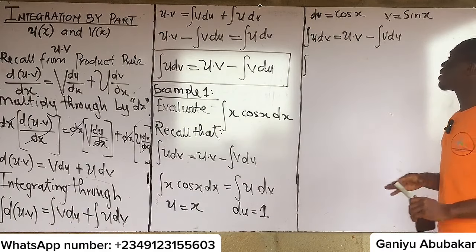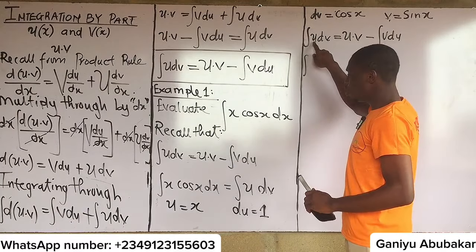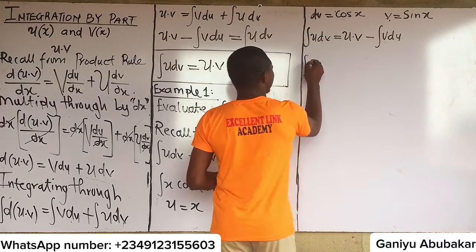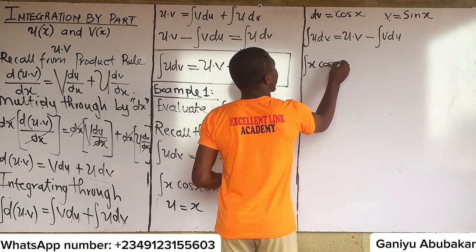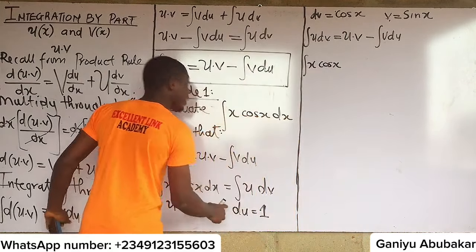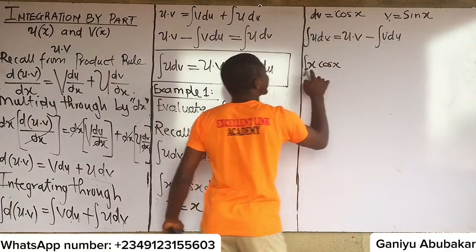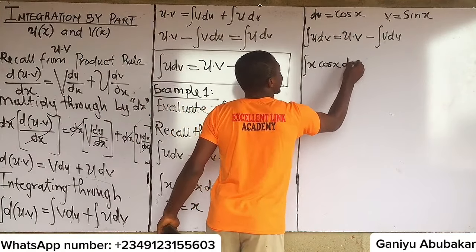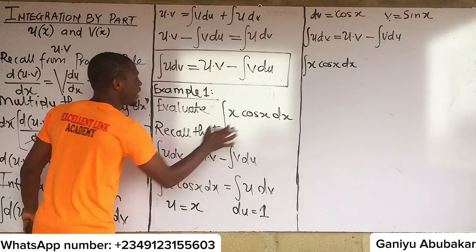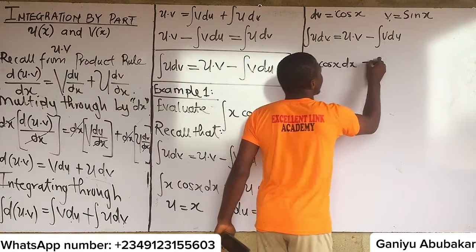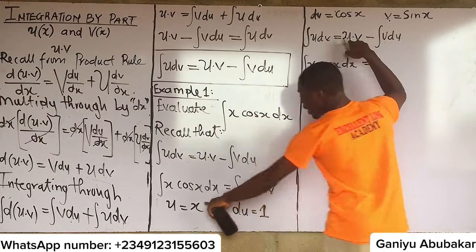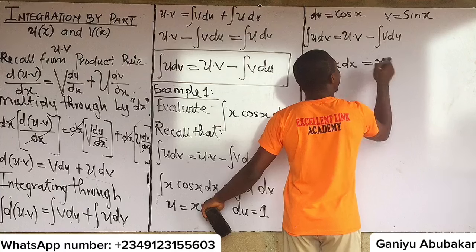It means that the integral of x cos x, where v is sine x. The integral of this question with respect to x will be equal in value to u, what's u? x, multiplied by v.